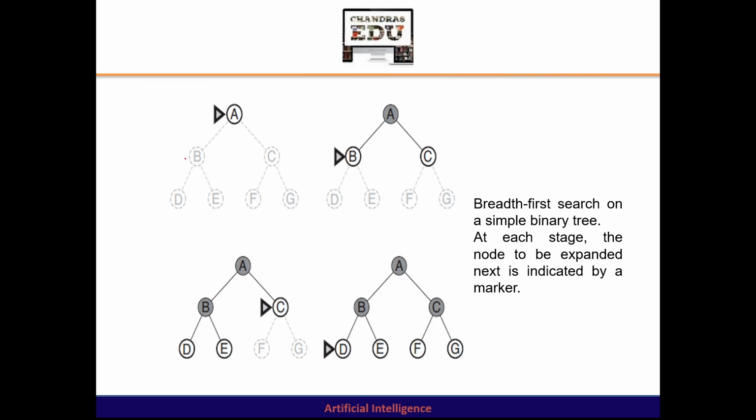We will be taking one example here, a binary tree example. We took a similar example for the depth first search also. In this binary tree, as we know, each node has two branches.